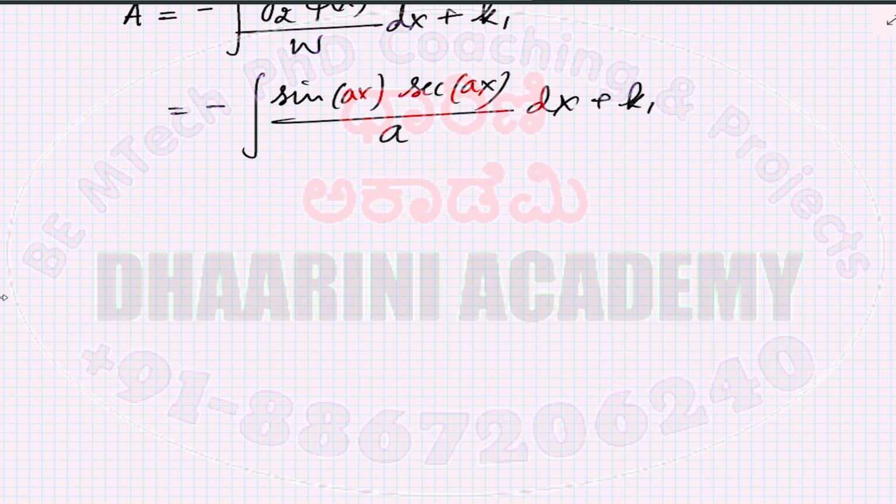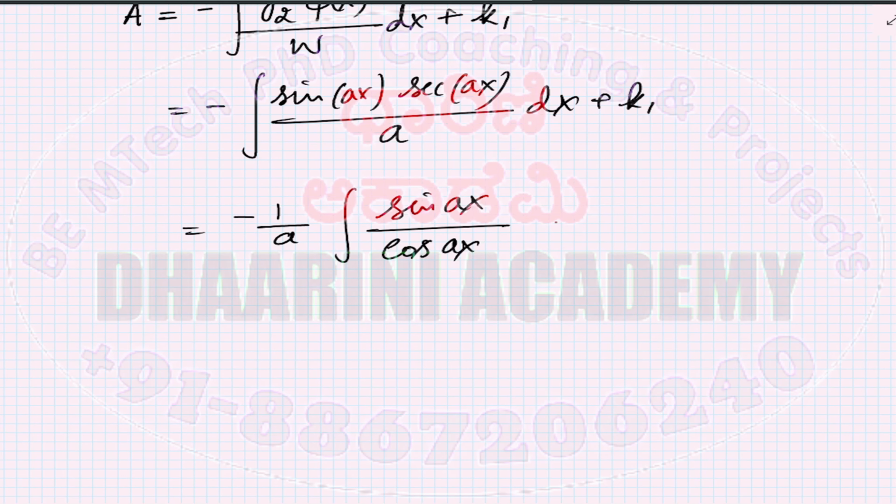Now this becomes equal to minus 1 by a integral sine ax whole divided by secant ax, I'll bring it to the denominator as cos ax, dx plus a constant k1.